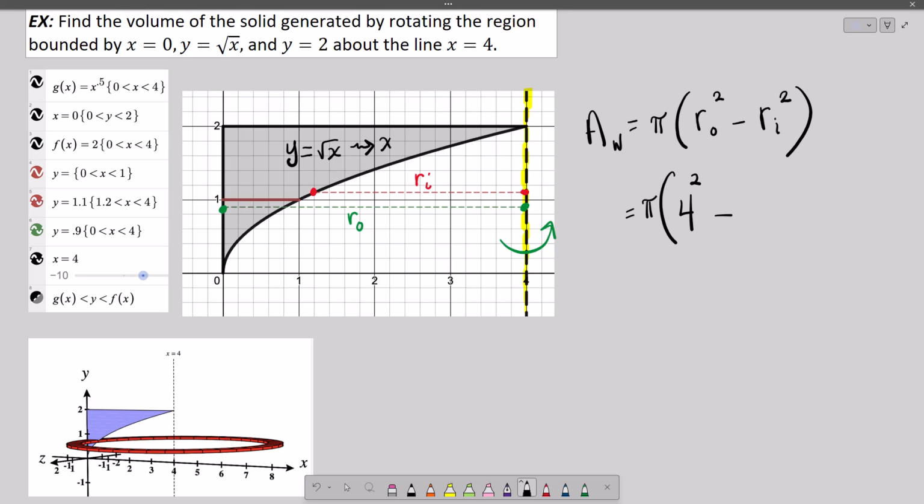So we make that x equals y squared. We've now isolated the x. This function is now measuring from the y-axis over the right x minus the left x. So 4 minus y squared, quantity squared. That'll be the formula for the area of our washer.